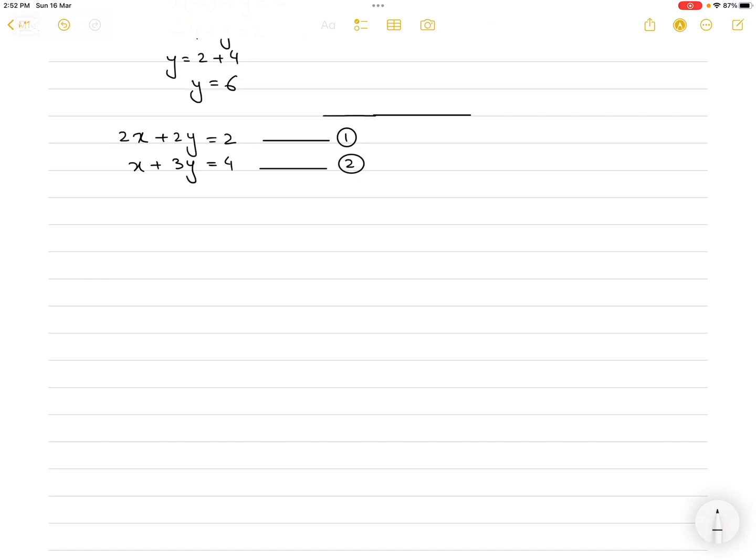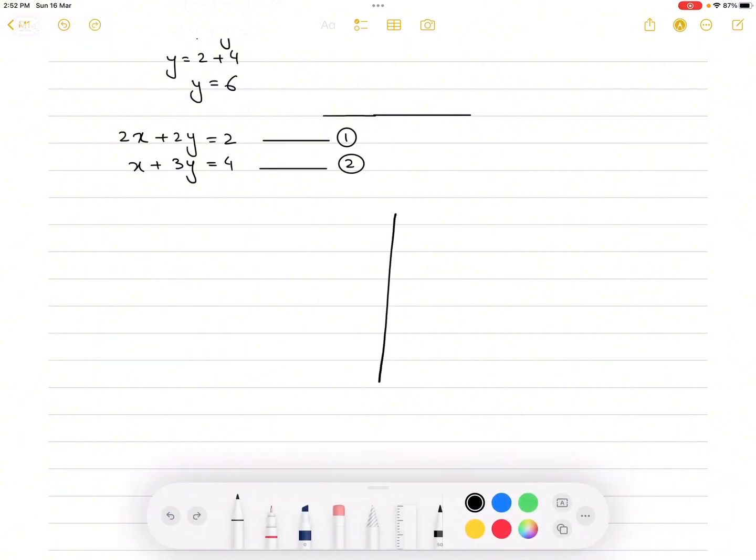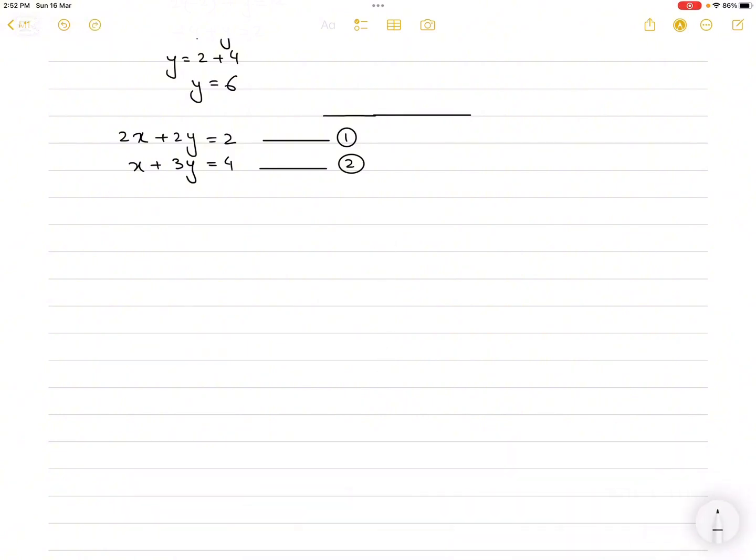Now using the same elimination method, my both variables have different coefficients with the same sign, so I have to choose one of these two variables, either x or y, and try to make their coefficients the same.